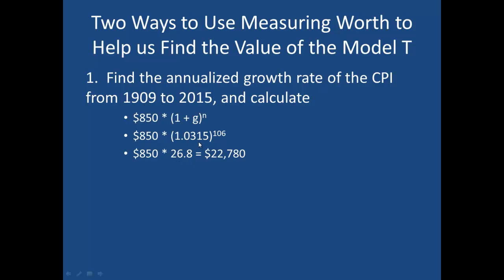This means that if prices increase by about 3.15% per year over 106 years, the prices will increase overall by a factor of 26.8. Okay, once we multiply that by $850, we get $22,780, something similar to a basic small car today.